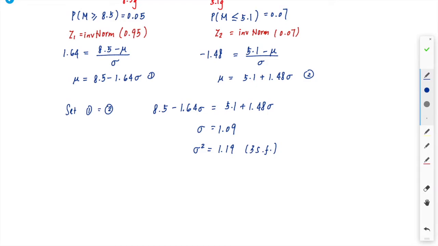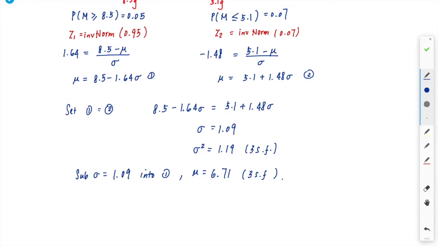Now we have to find a mean. Sub sigma equals 1.09 into one of the equations. I'm going to choose equation 1. It works out to 6.7, rounded to 3 sig figs.